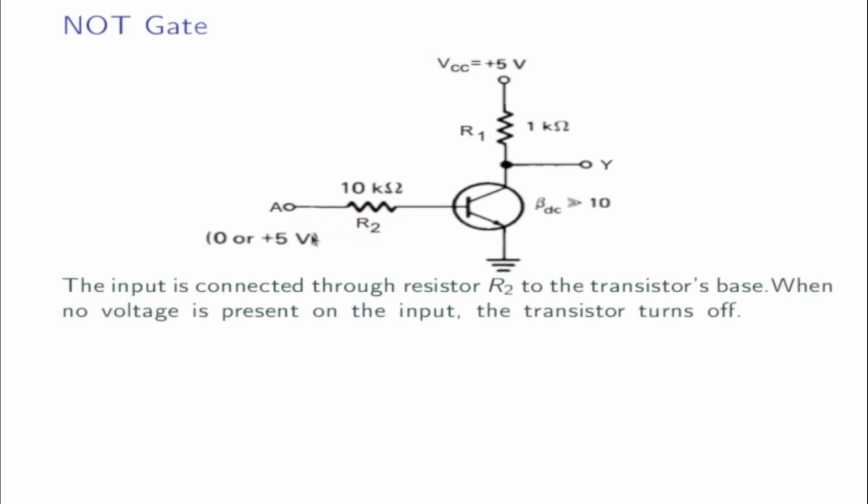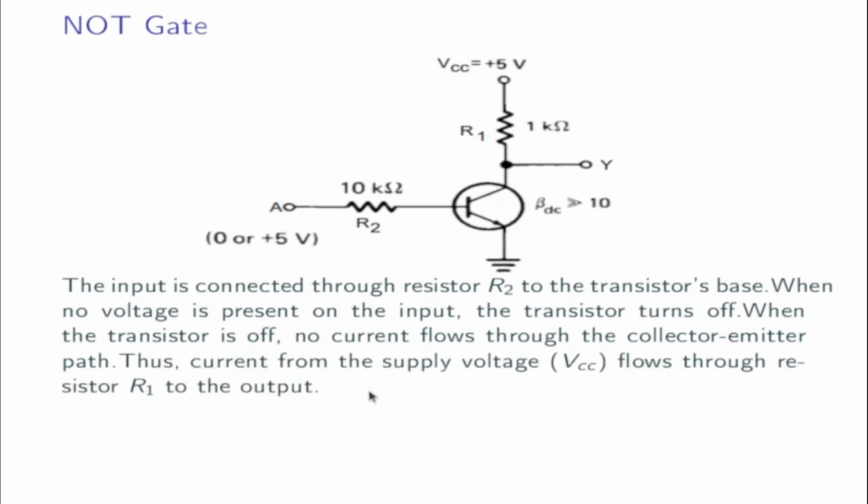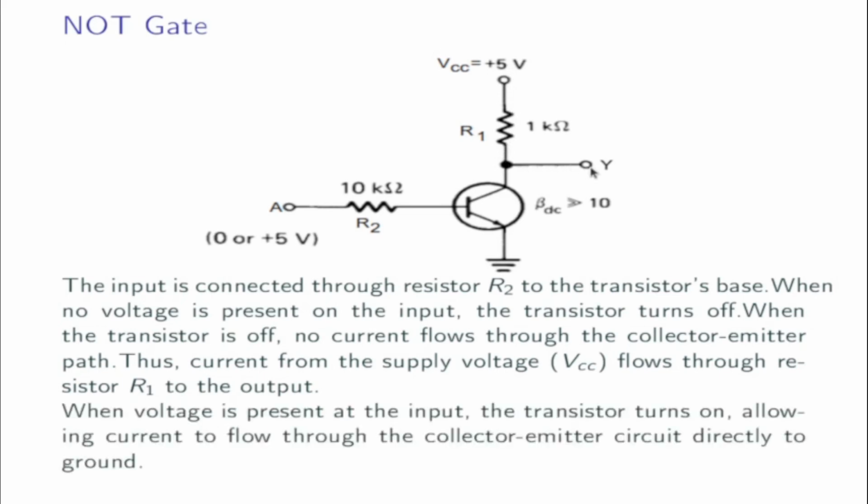When no voltage is present on the input, the transistor is off. When the transistor is off, no current flows through the collector emitter junction of the transistor. The current from the supply, that means VCC, flows through the resistor R1 and reaches Y.